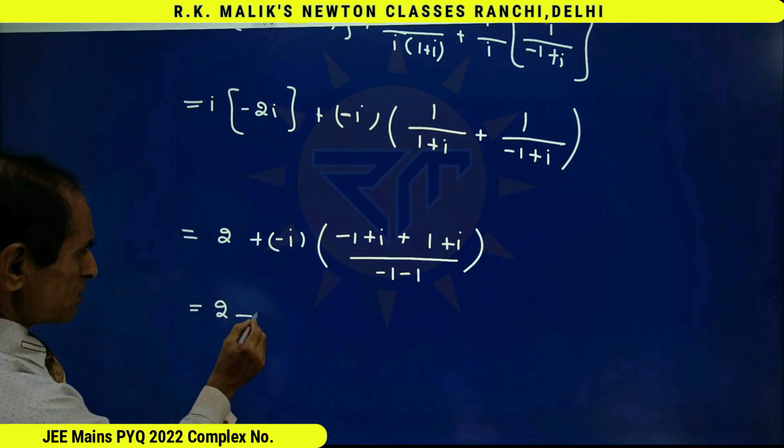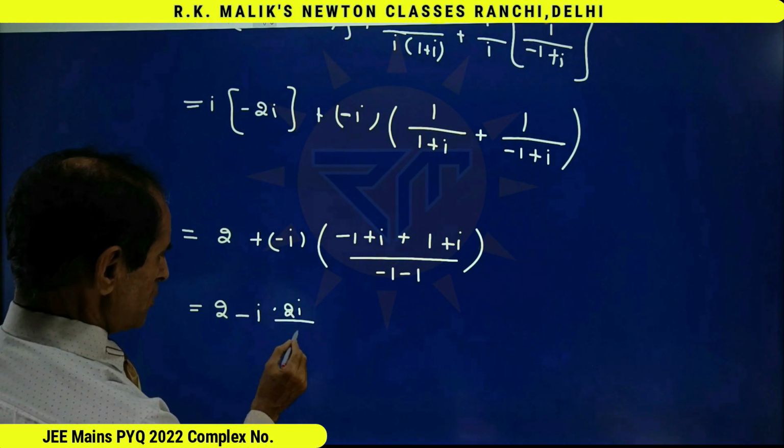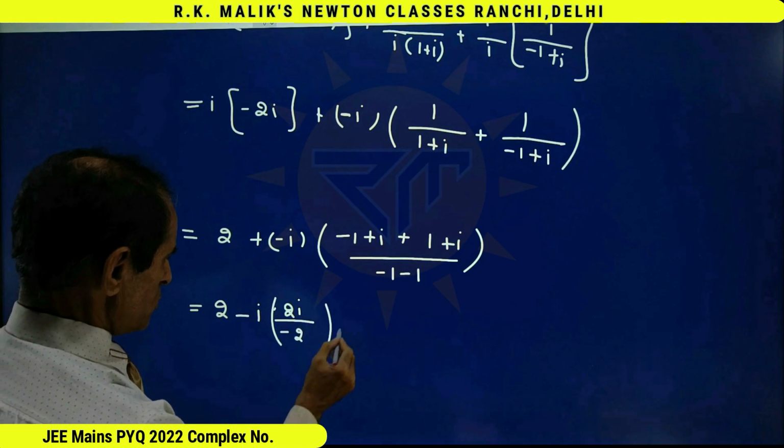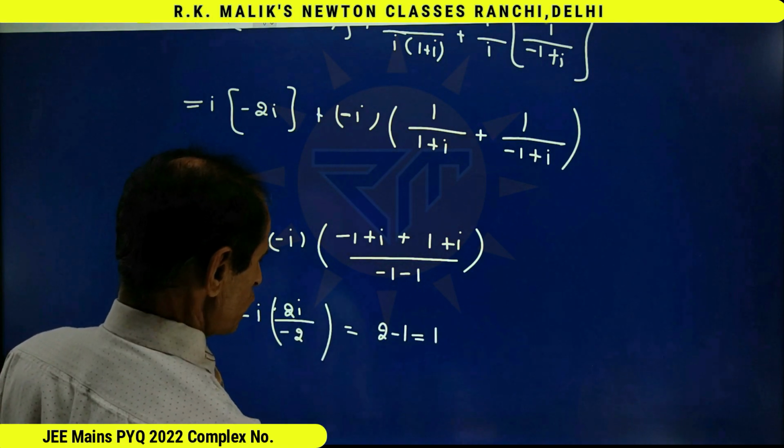That is 2 minus i into 2i upon minus 2. That is 2 minus 1 equal to 1.